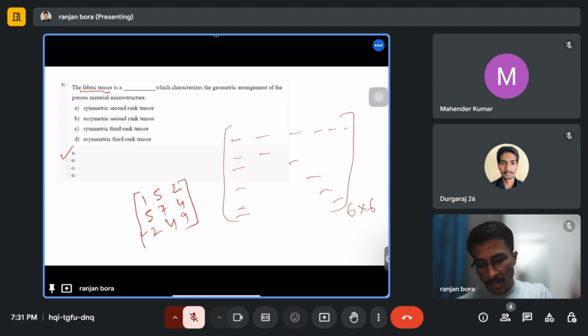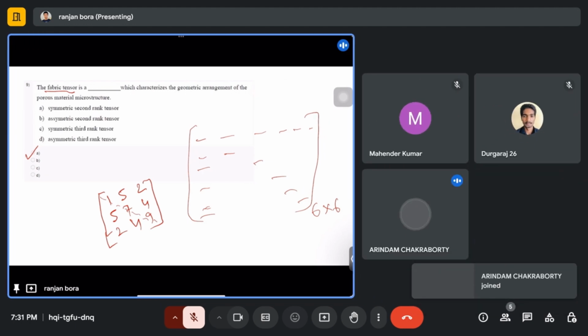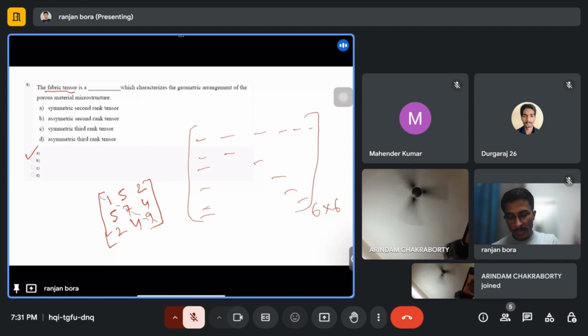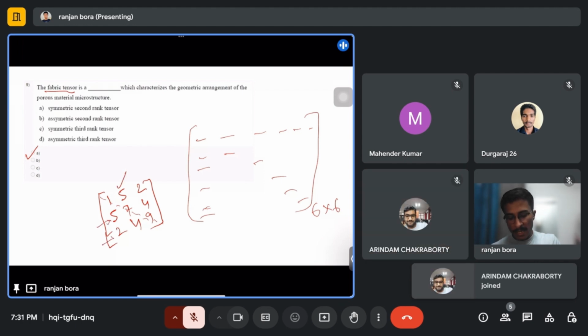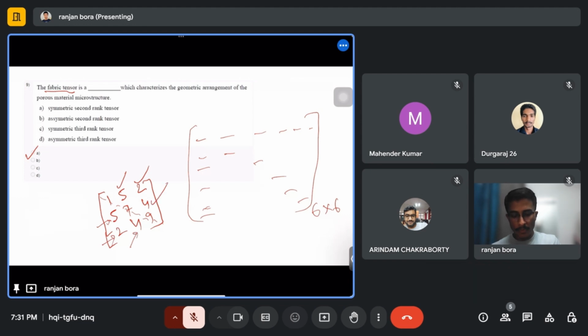That means this is a mirror image with respect to these diagonal elements. These are the diagonal elements 1, 7, and 9, and 5 is the mirror image of this, and this element 2 is the mirror image of this, and this element 4 is the mirror image of this. So this is known as a symmetric matrix.